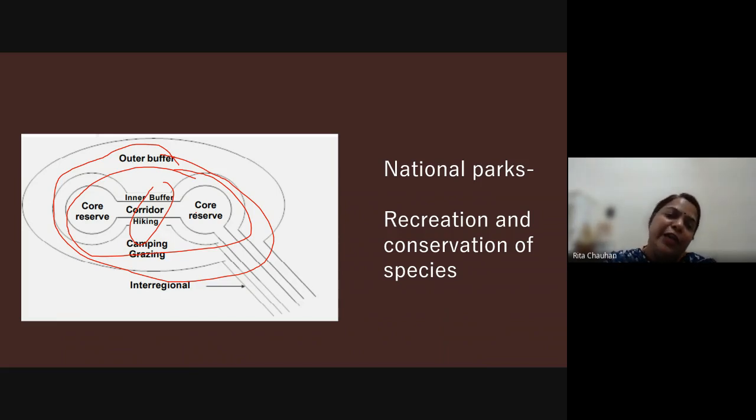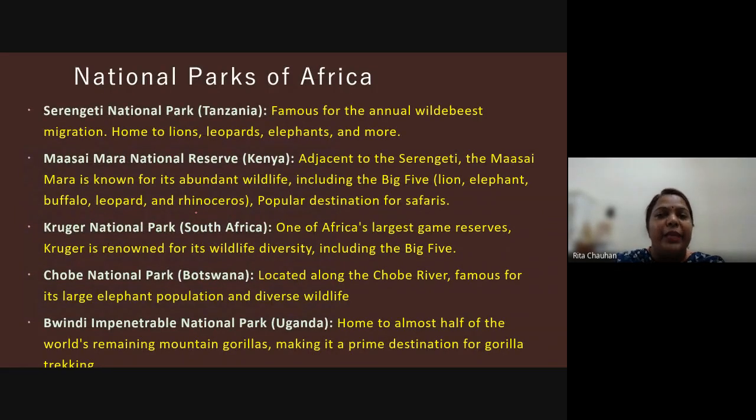So in every national park, we are going to have one core area, and outside that core area there will be a buffer area. So these national parks are widely used for recreation purposes also, and for conservation of species also. So we are using this national park area for many tourism purposes also.